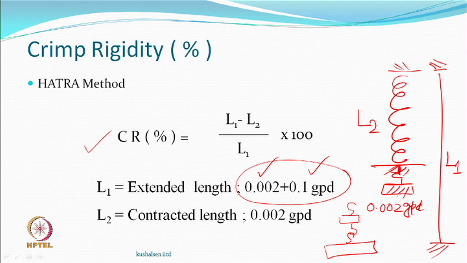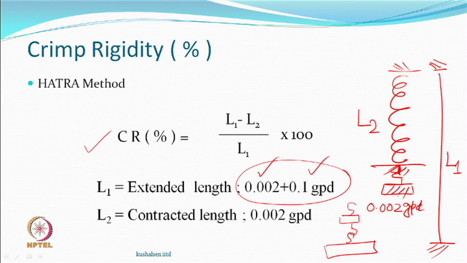So, initially you hang the total load, which is the summation of the two loads, and then remove the heavy load and allow it to contract. Of course, for a certain time you can't do infinitely, let us say I go for 1 minute, and then you measure the L2 and then describe this. This will be called the crimp rigidity, all right.